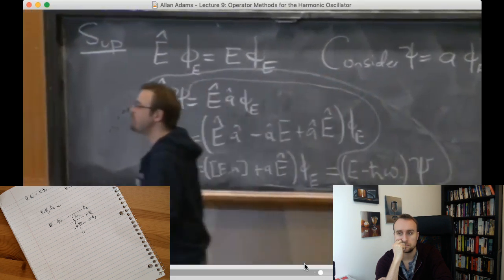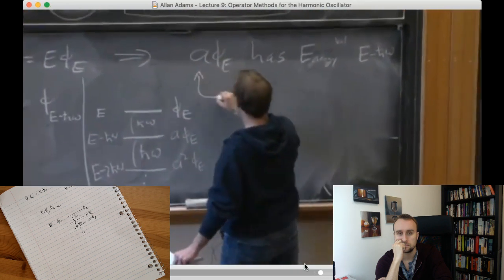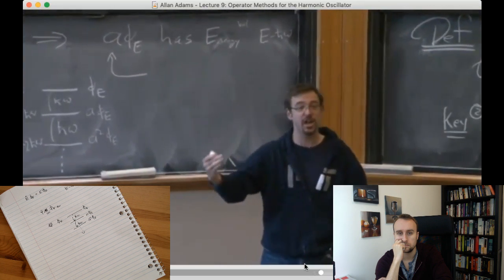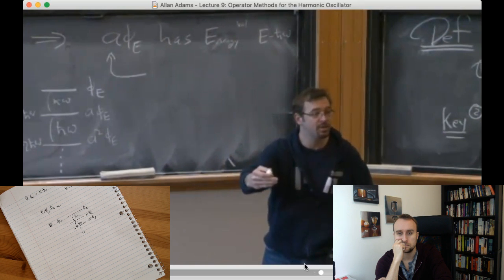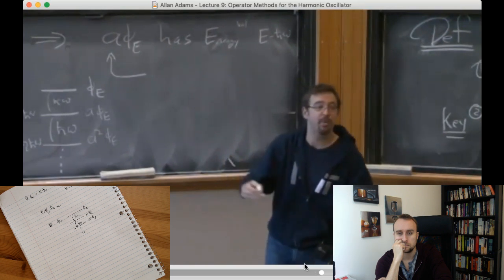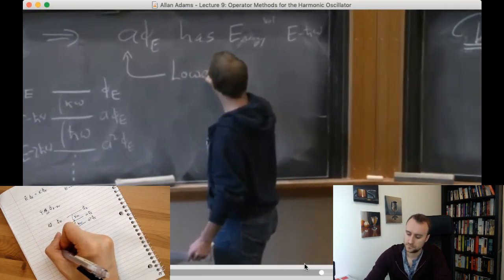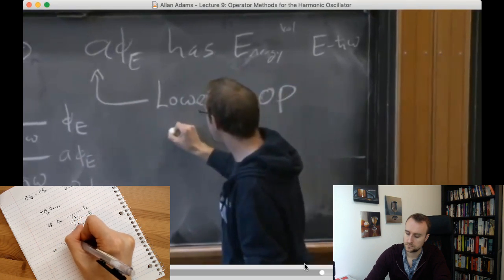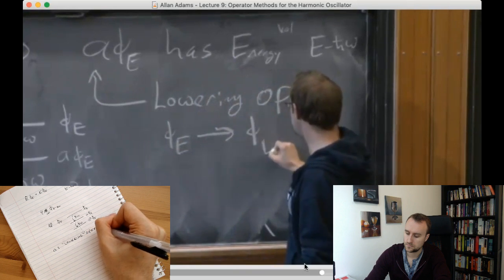But before we do that, I want to give A a name. A does something really cool. When you take the state phi E that has definite energy E, an energy eigenfunction, and you act on it with A, what happens? It lowers the energy by h bar omega. So I'm going to call A the lowering operator, because it takes a state phi E with energy eigenvalue E to a state with energy E minus h bar omega.